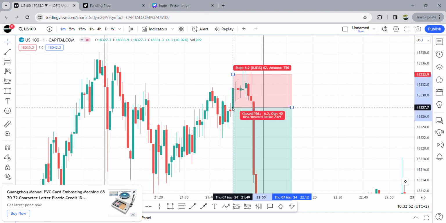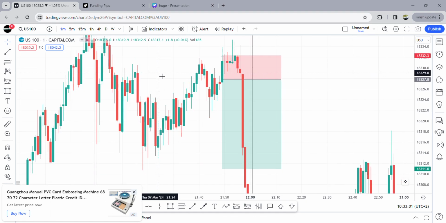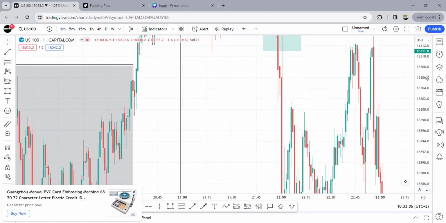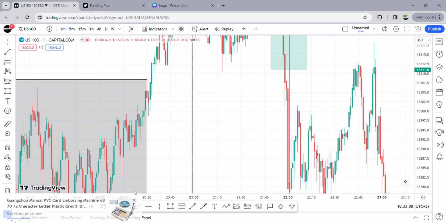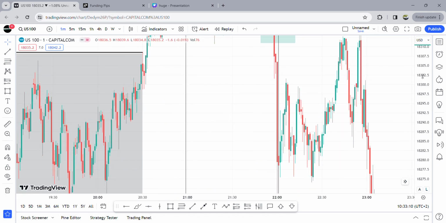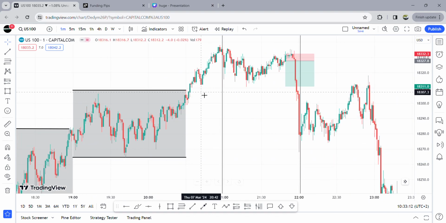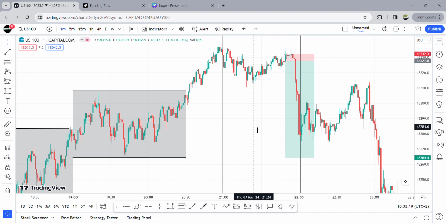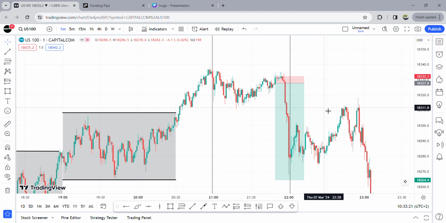So I remember entering inside this candle. Stop was above this high. And my target was the low of this range. That is my initial target. 1 to 1.5 R. Got stopped out because my stop was much too small.